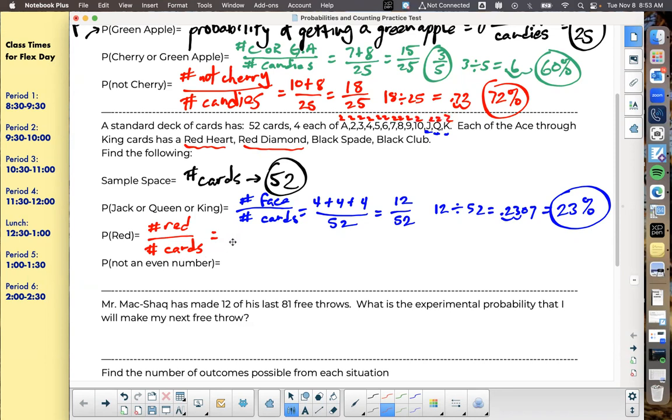There would be 13 2s. So there are 26 red cards in a deck of cards. Half of them are red. And we probably could have figured that out because they're red and black colors, so that means half the cards are red. But up here, when I wrote all these 2s, you can just add them up if it doesn't click that there's half. On the calculator, if you divide this, you should get exactly 0.5. So 50%.